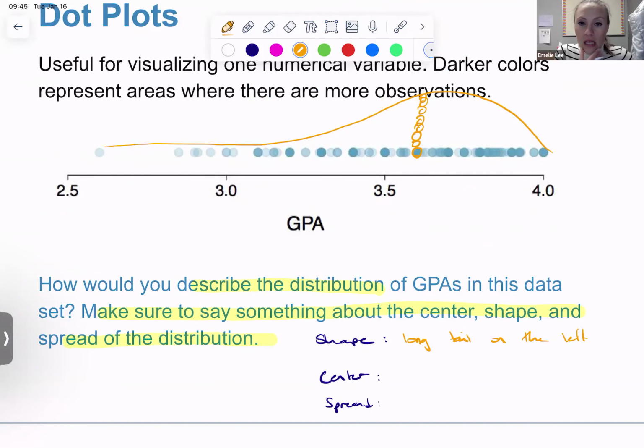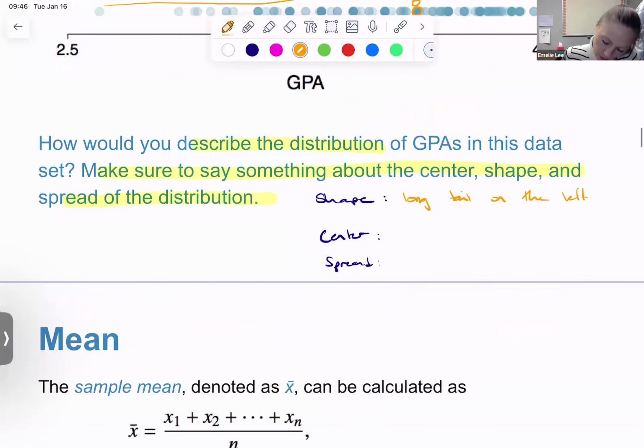It looks to me like I could probably generalize it with one peak. We're going to talk about the tails and the peaks for the shape, which is probably what you would do intuitively anyways. If I asked you to describe this shape, you would probably talk about the peak, or potentially peaks if there's more than one. So long tail on the left with one peak.